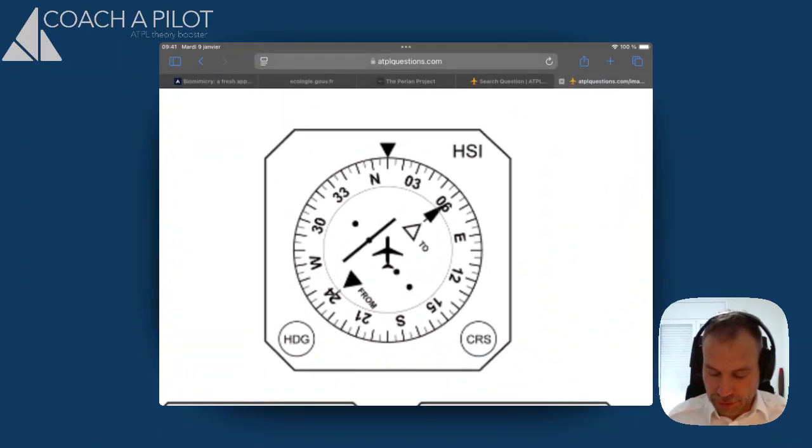First of all, if we have the from information displayed, it means that the course that is selected is actually the radial.